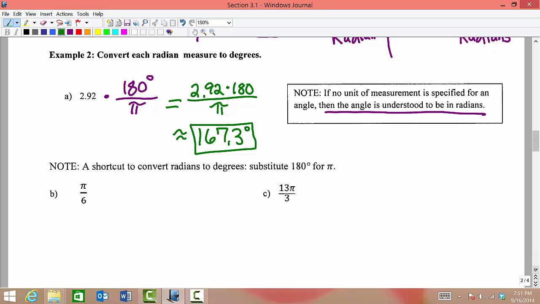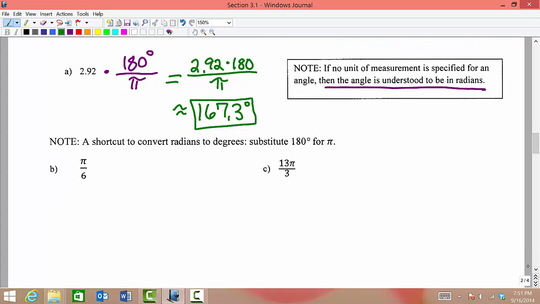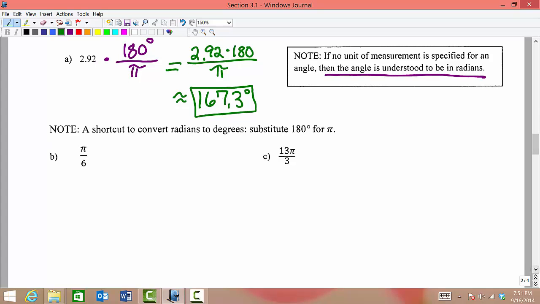There's another way that we can actually do these, and this is a really useful, quick way to convert radians to degrees. Since we had defined that 180 degrees is equal to pi radians, then we can actually do a direct substitution. So if I see pi divided by 6 and I would like to convert to degrees, a really quick and easy way to do this is just to replace pi with 180 degrees.